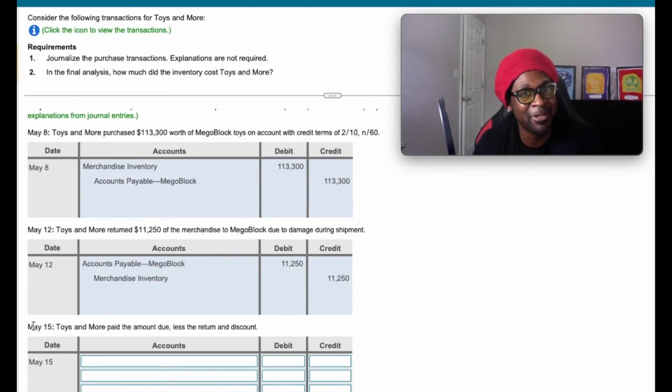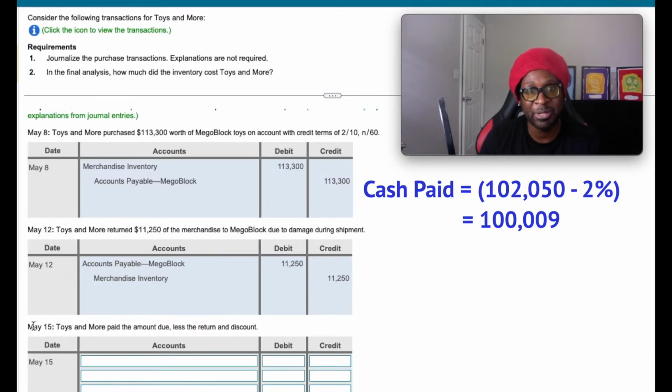But remember, gang, we paid within the discount terms. We paid within 10 days of May 8th. So we're technically not going to pay the cash amount of that $102,050. We're going to pay the cash amount of $102,050 minus a 2% discount.